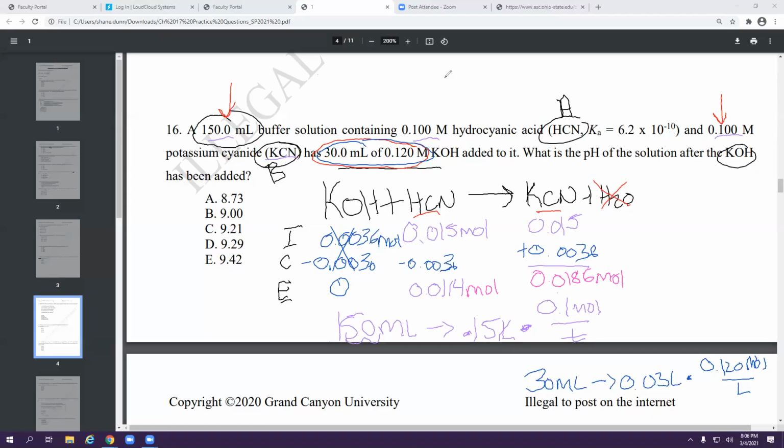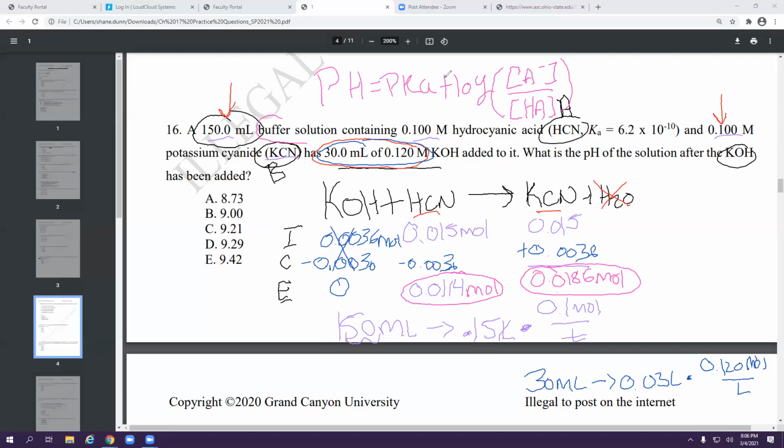They were both in moles, correct? If you go look at the Henderson-Hasselbalch equation, pH is equal to pKa plus the log of the concentration of A minus over the concentration of HA. So they are in moles now. I need to turn them into concentration. So I need to divide by a volume. The volume I'm going to divide by is the combined volume of the buffer solution plus whatever I added, right?